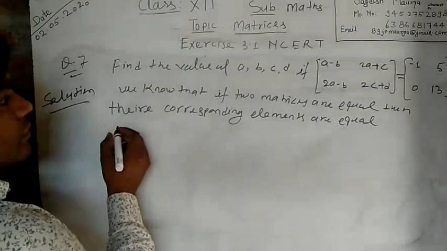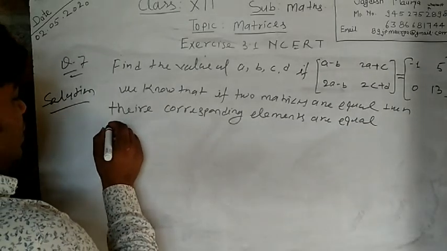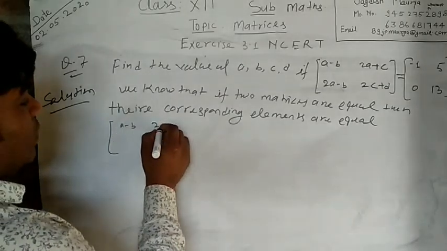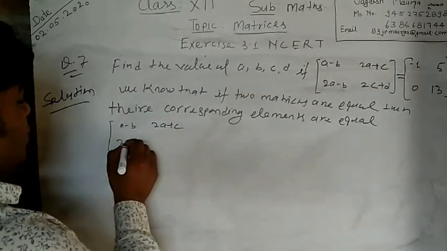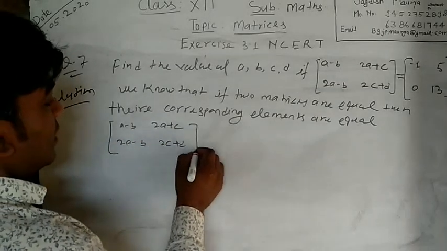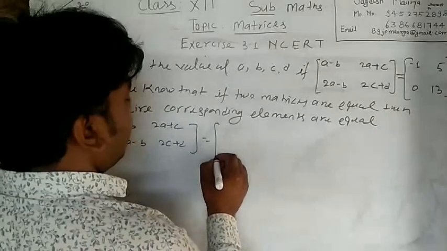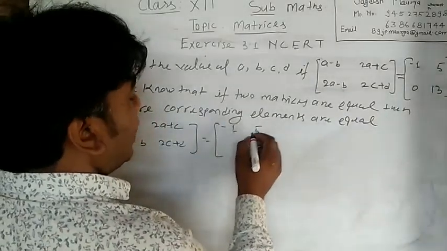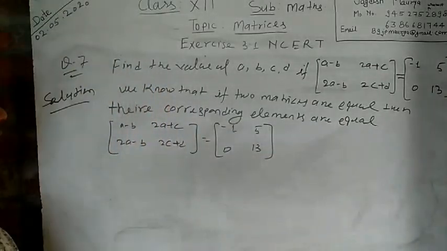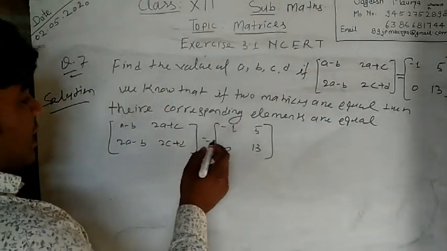Therefore, a minus b, 2a plus c, 2a minus b, 2c plus d equal to minus 1, 5, 0, 13. Their corresponding elements are equal.